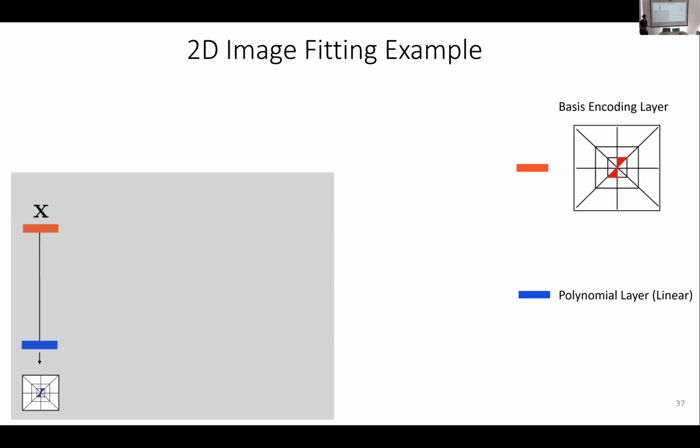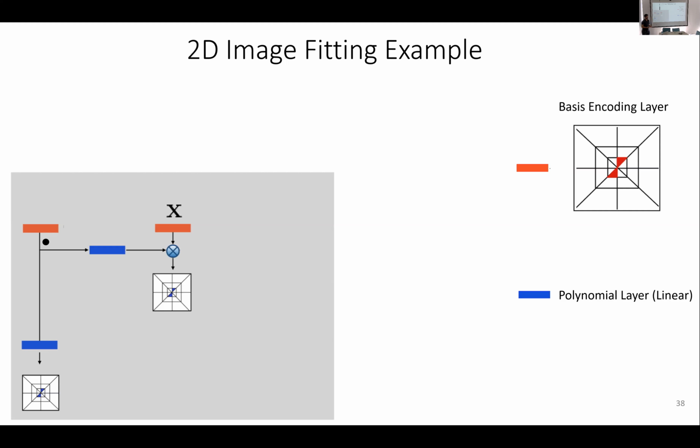We pass input X through a basis encoding layer that consists of the functions you see here in red. Those are particular functions, with particular frequency and orientation. X is passed through this basis encoding, and after applying a linear layer, we explicitly design the linear layer so that the output lies in the blue region of the frequency band.